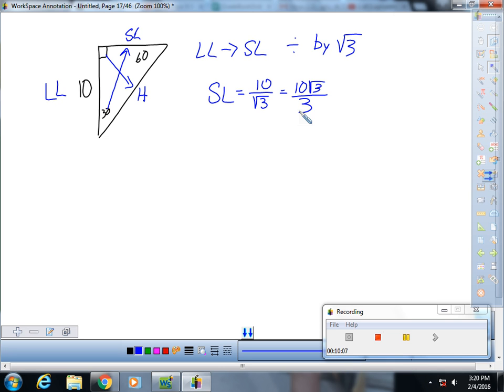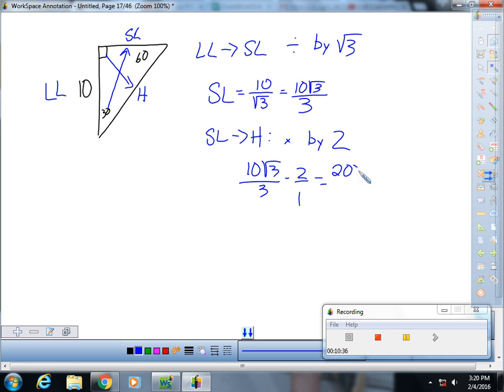Okay, and how do I get from the short leg to the hypotenuse? Well, I multiply by 2. So 10 radical 3 over 3 times 2 over 1. Well, what's 10x times 2? Forget about the bottom. What's 10x times 2? It's 20x. So what's 10 radical 3 times 2?